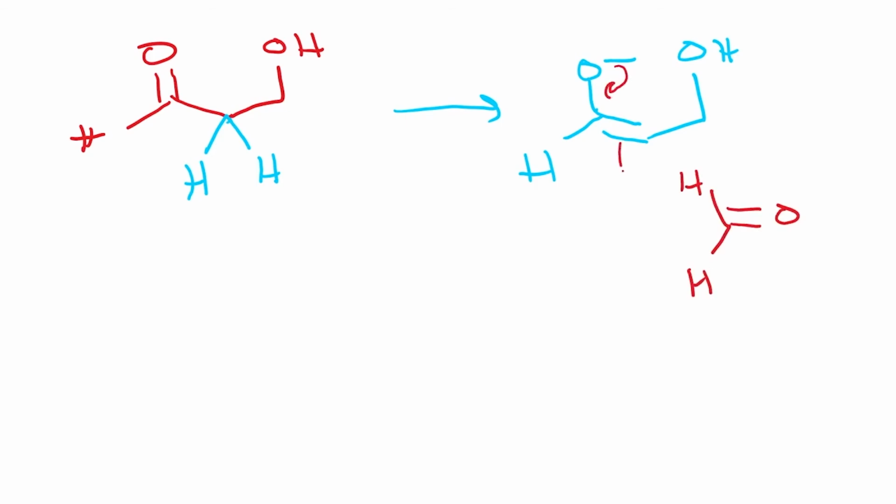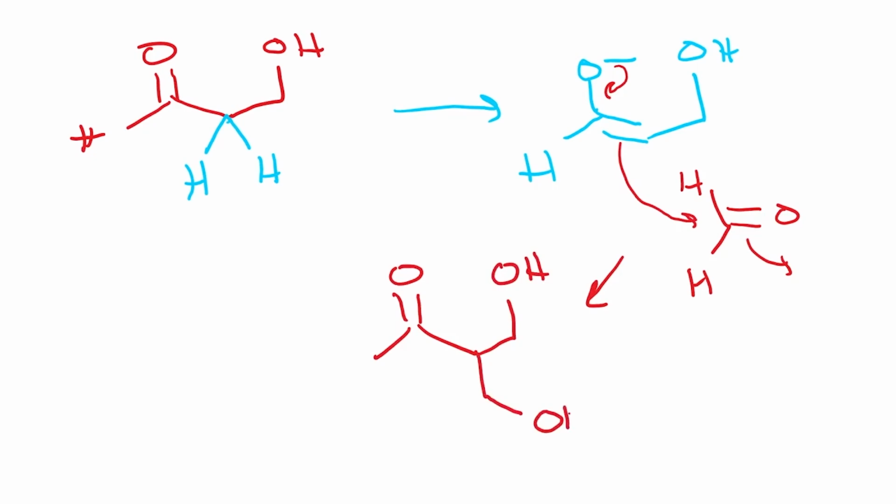So what happens is that you get this, and the product that is formed is this C double bond O. This OH is already here. Now there is a second addition of a CH2OH. Okay.